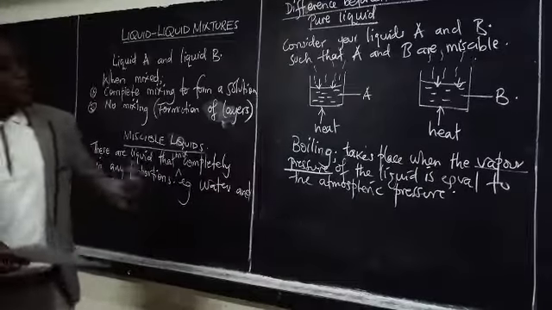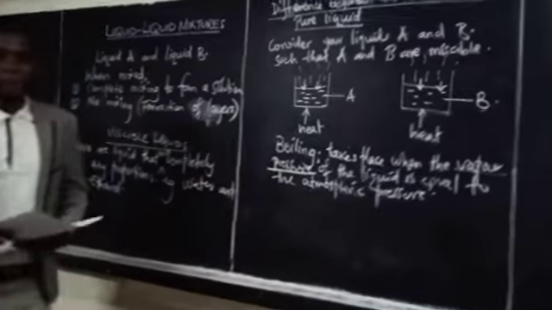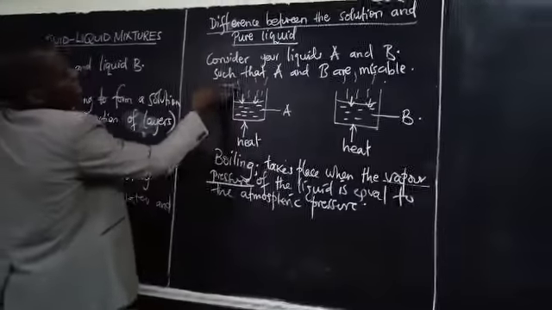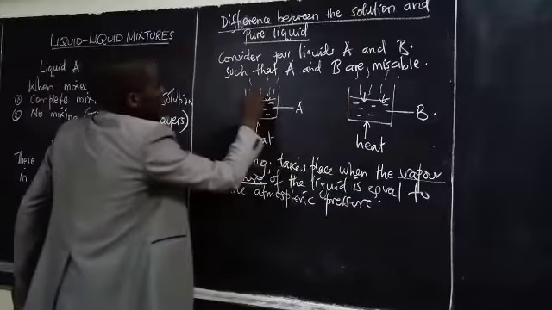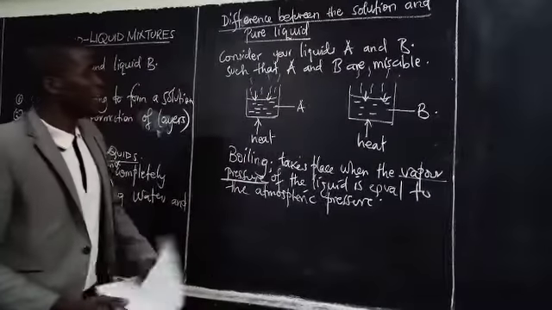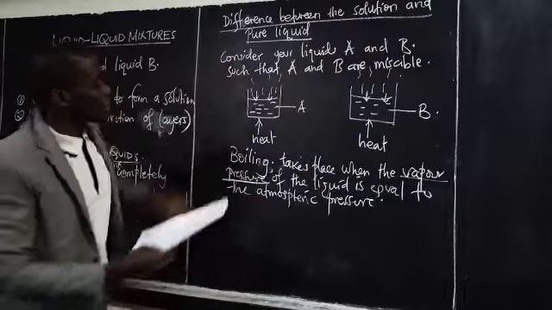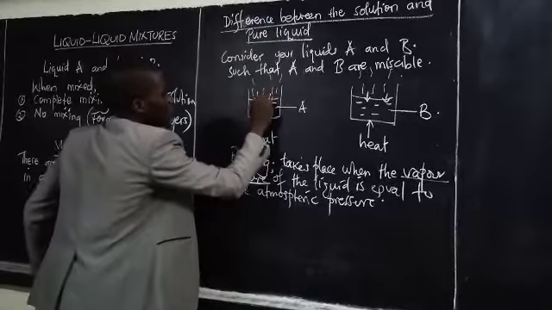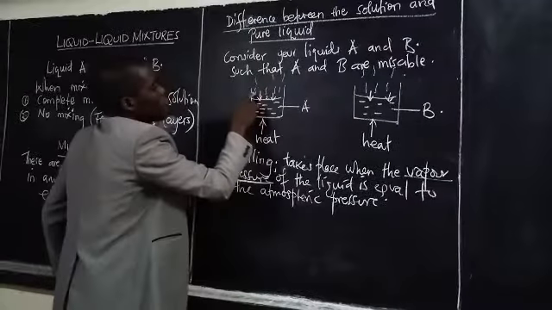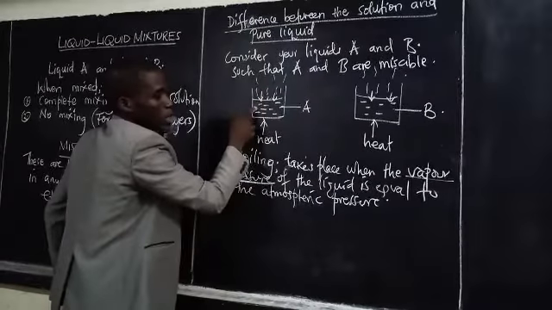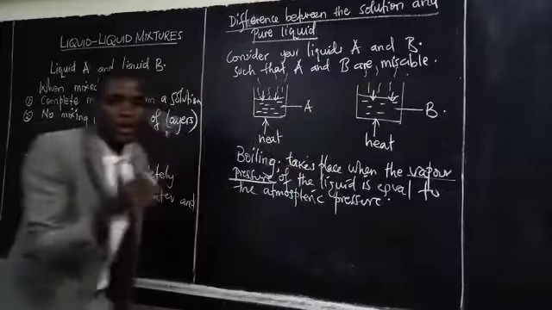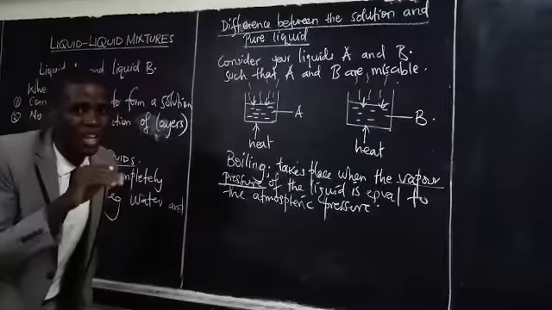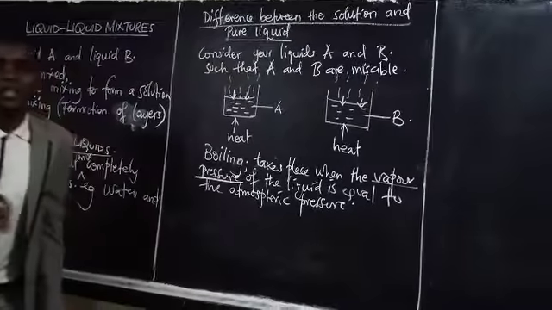What is vapor pressure? The vapor that accumulates here reaches a point when it keeps on exerting a particular pressure on top of the liquid. The vapor changes back to the liquid, but the one which remains on top keeps on exerting a particular pressure on the top of the liquid.